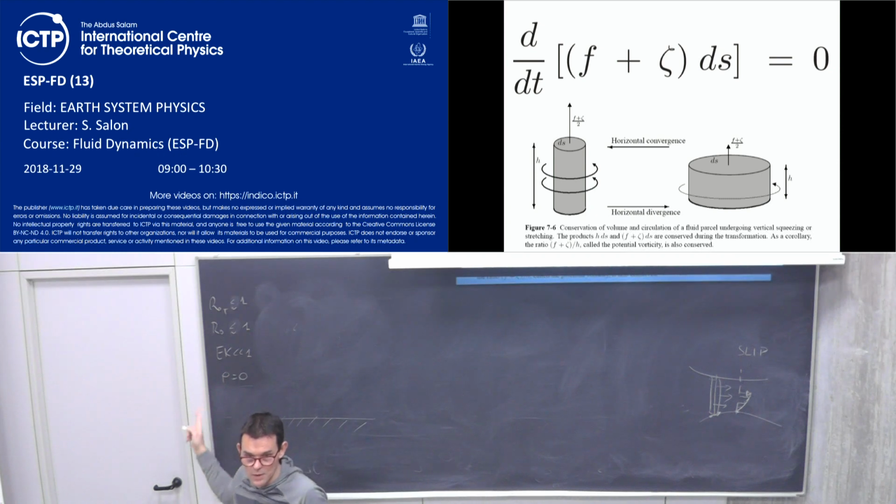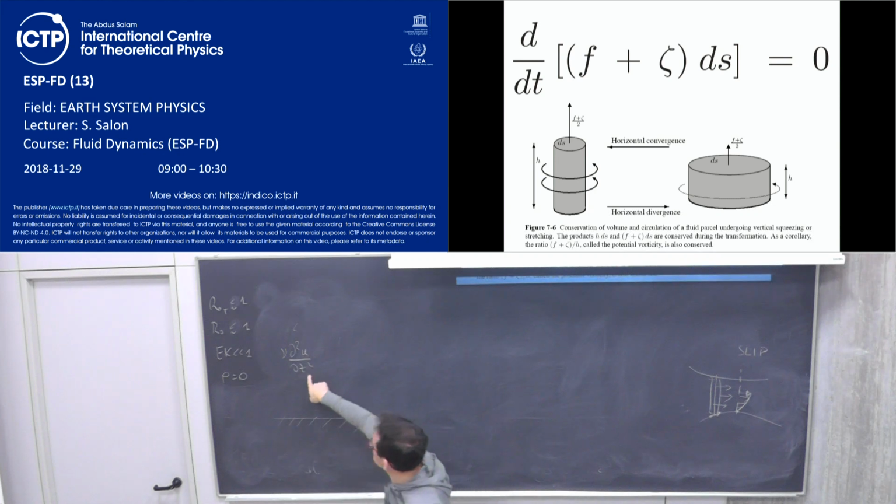And when Ekman is much smaller than 1, the viscous friction, which is the term related to the second derivative of velocity, is neglected. So neglecting this in your differential equation, you lose one boundary condition.